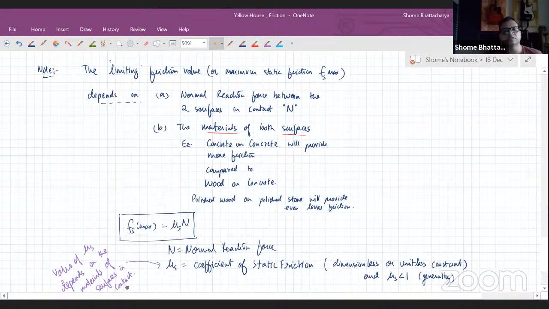And it is not something that we can determine by some formula or some theory. It is experimentally determined. So here in this chapter, in questions, the value of µs will be given to you. Okay, but in technology application and in engineering, we do experiments to measure the coefficient of friction between different materials.